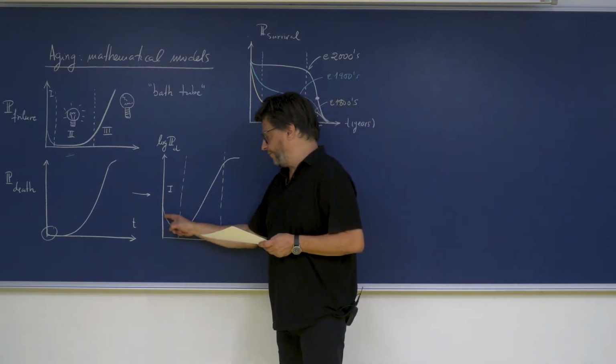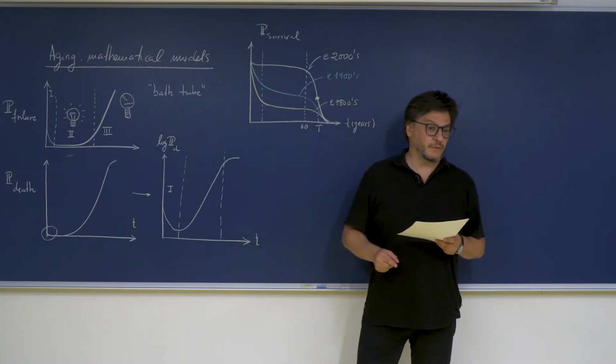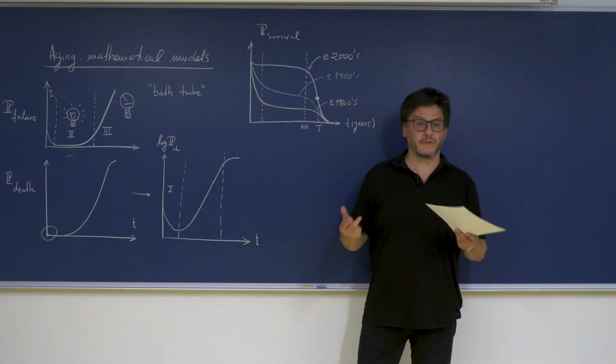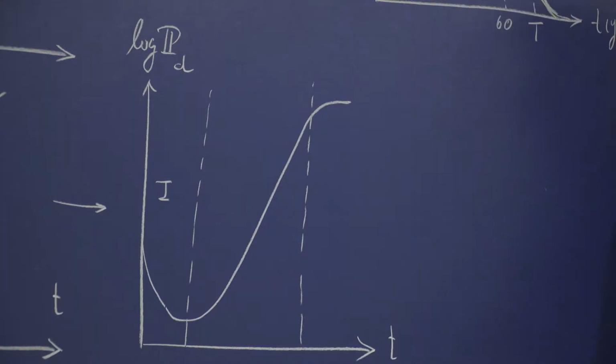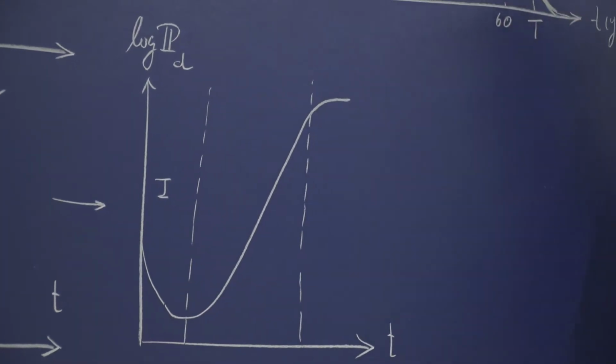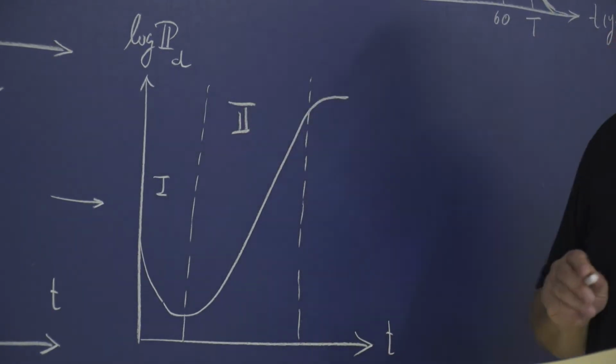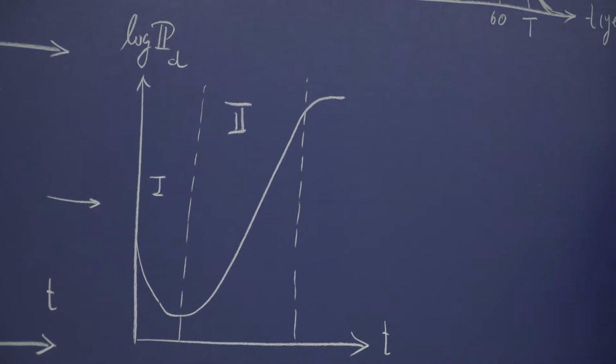This domain is a bit exaggerated. In the 21st century, things have changed a lot with infant mortality, so the slope here is much smaller. Then there's this phase of rapid increase in mortality.